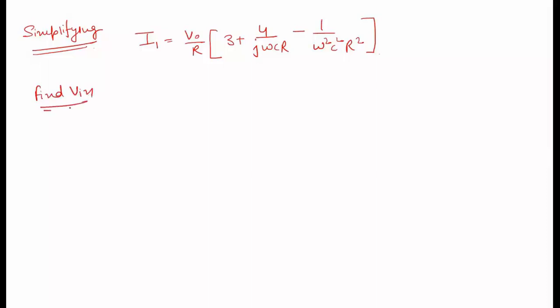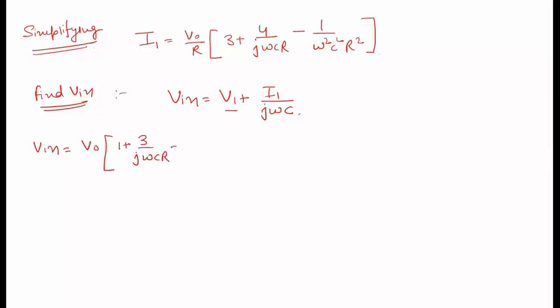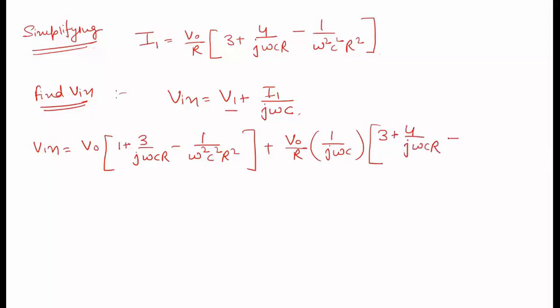Applying KVL at node V in, we have V in is equal to V1 plus I1 into 1 upon j omega C. So putting all the values of V1 and I1, we have V in is equal to V naught into 1 plus 3 upon j omega CR minus 1 upon omega square C square R square, and putting the other values, that is V naught by R into 1 upon j omega C and 3 plus 4 upon j omega CR minus 1 upon omega square C square R square.